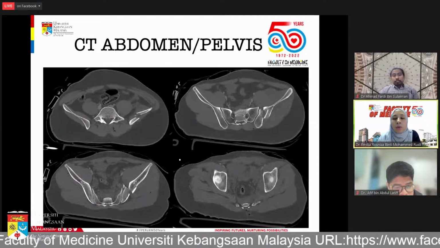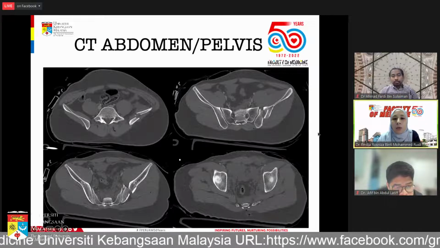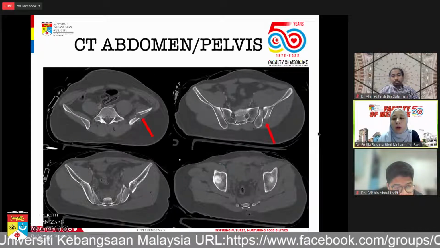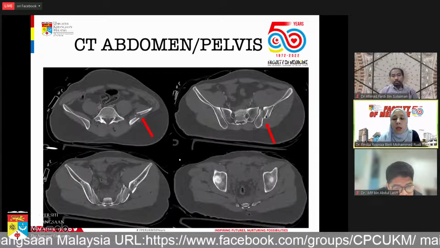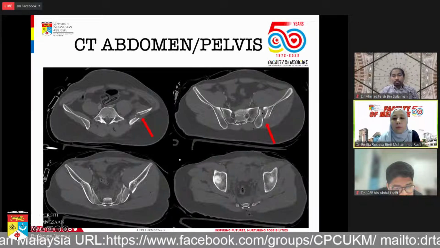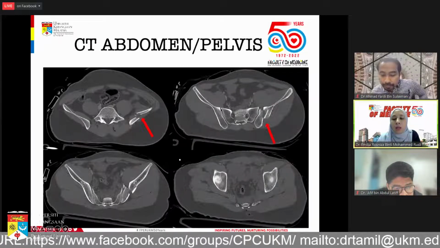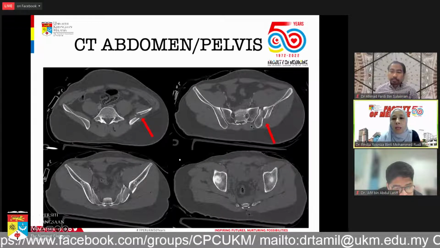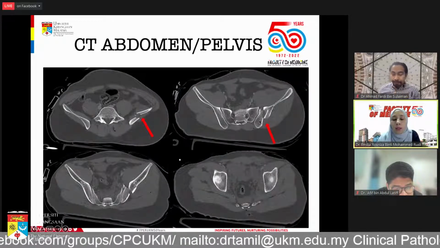So this is a bone setting in axial view of the same patient. Again, we see the comminuted fracture of the left iliac bone, which extends to the anterior part of the left sacroiliac joint. However, if you compare the right and the left sacroiliac joint, it doesn't look widened.